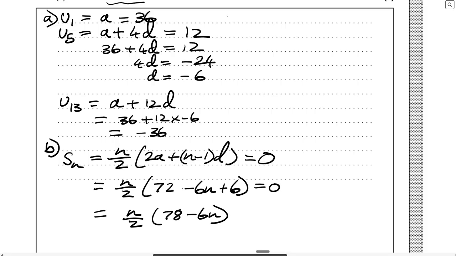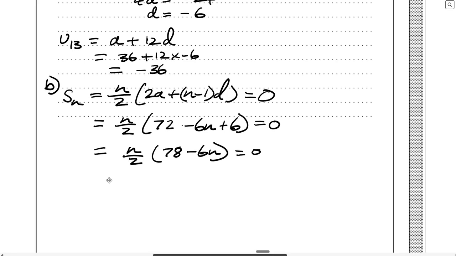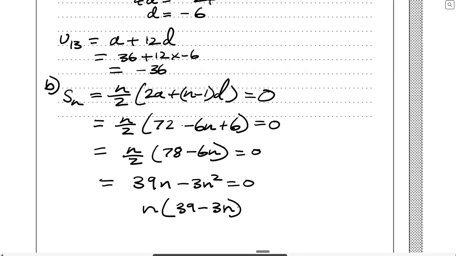And so 78 minus 6n. If we divide by 2, we have 39n minus 3n squared is equal to 0. Pull out the n, and we have n times (39 minus 3n).